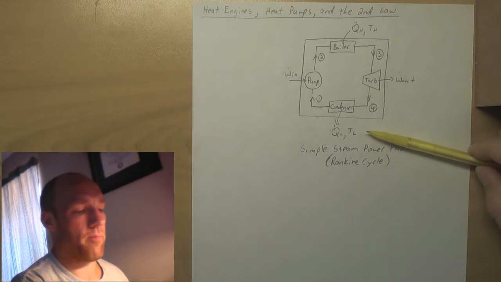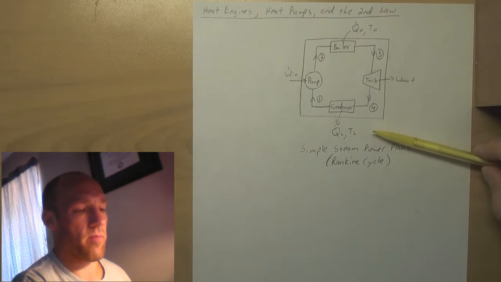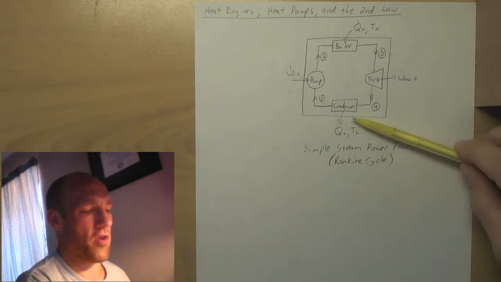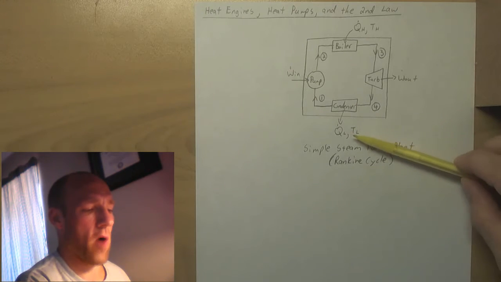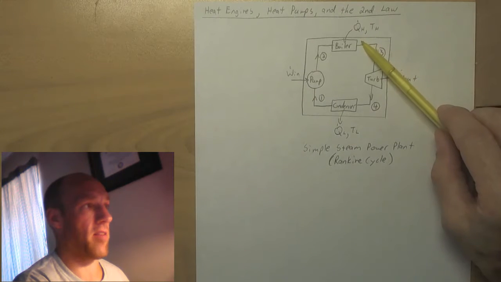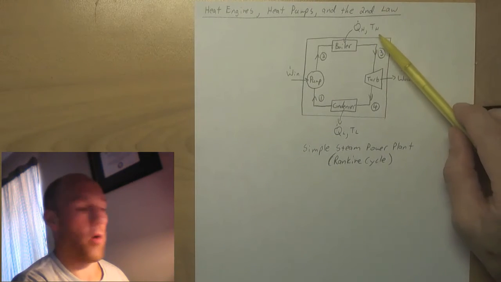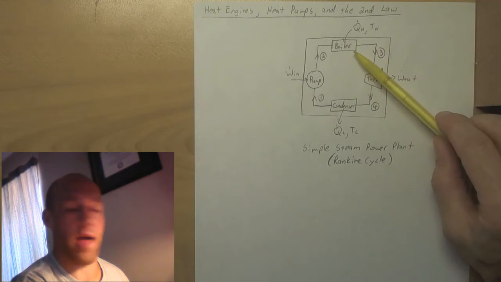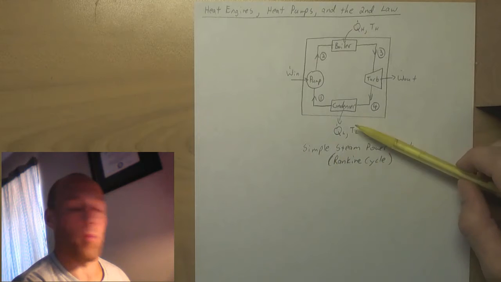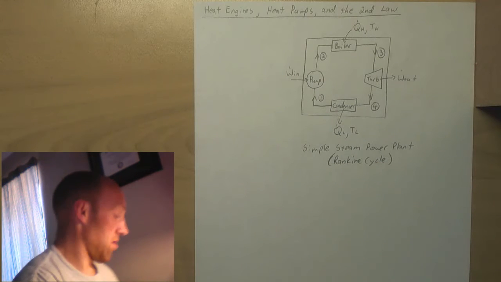The reason for this will become clear later, but just understand that in the case of a power plant, heat is being rejected to the cold side and being brought in at the hot side, which makes sense, right? You burn something hot, you extract heat from that, pull out a little bit of work, and then you have to reject some heat to the cold side.